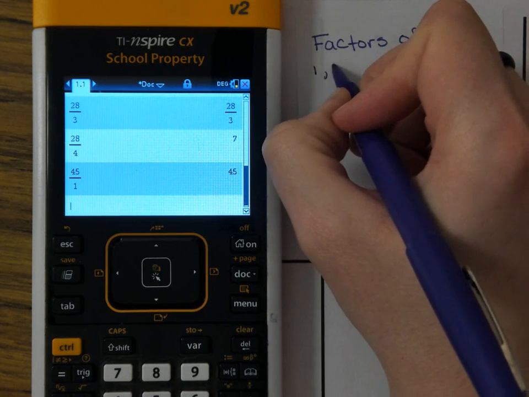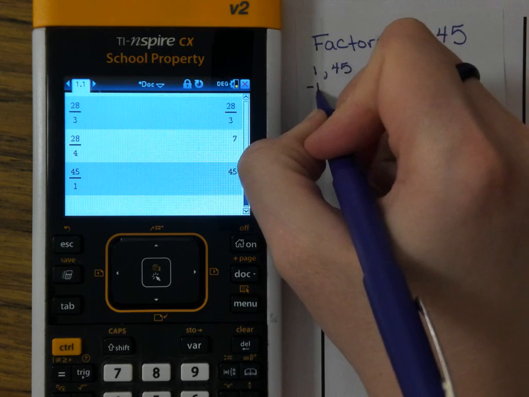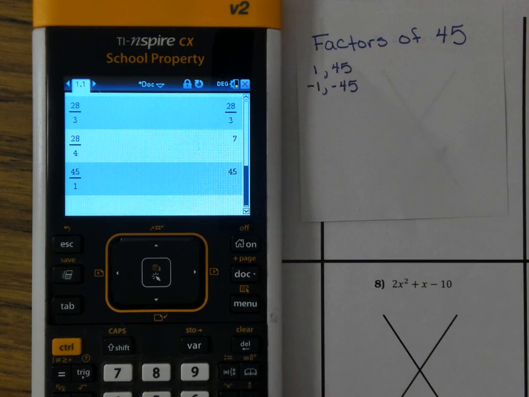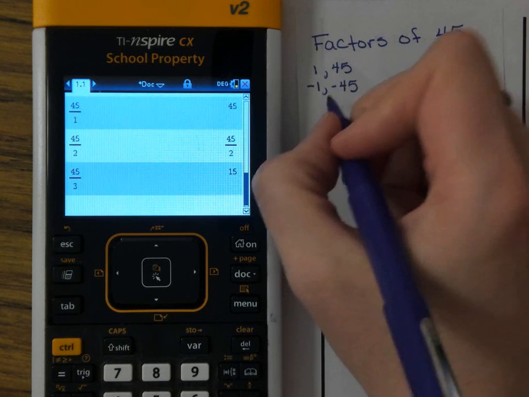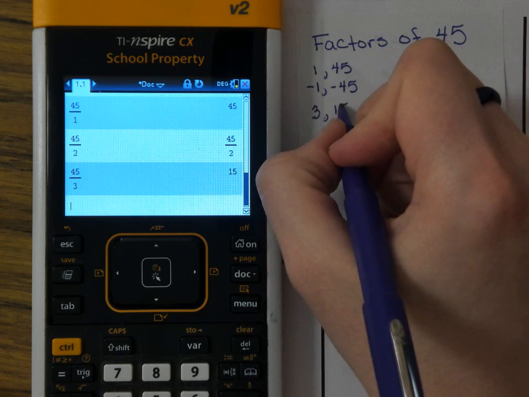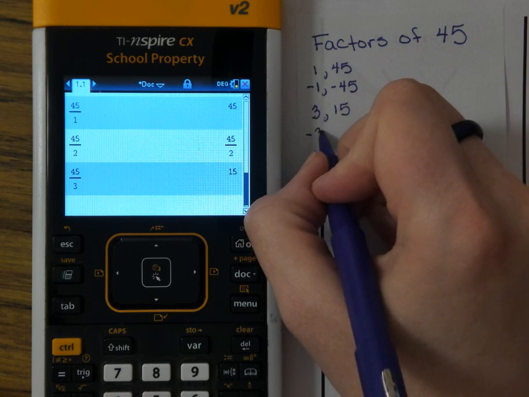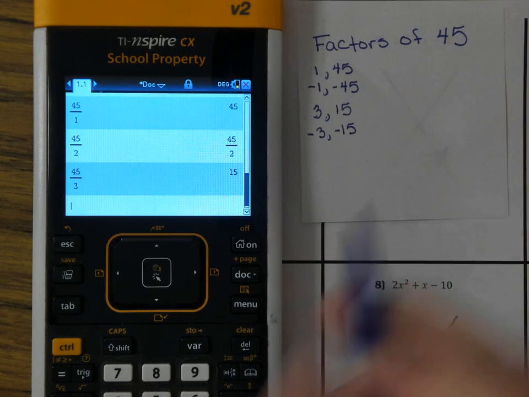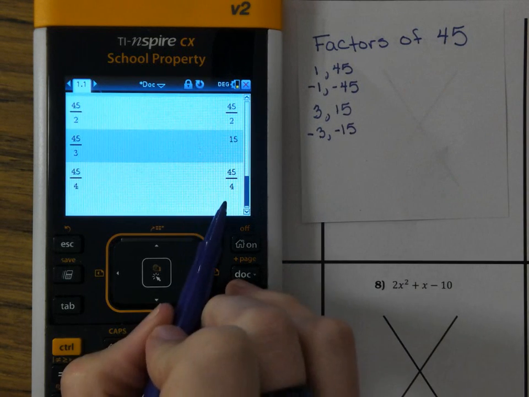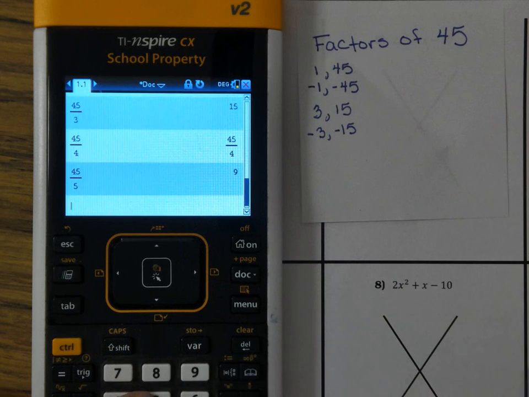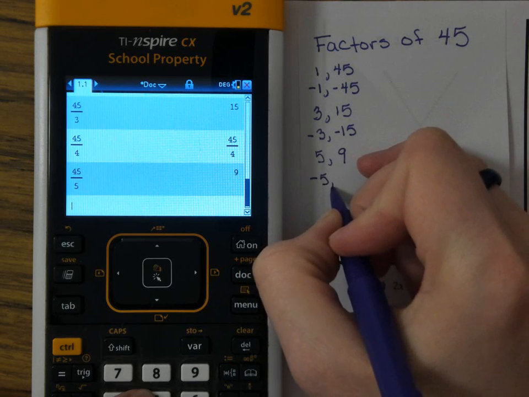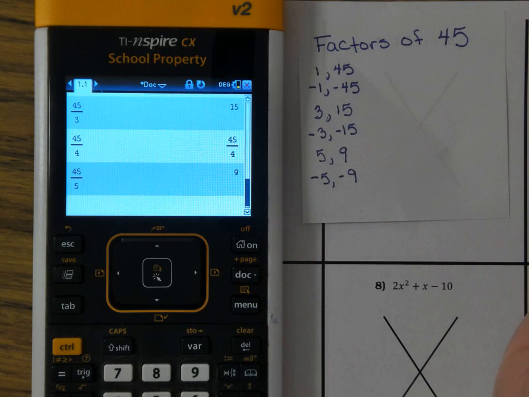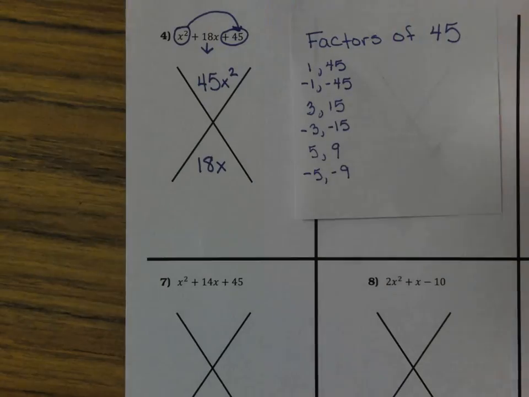So I have 1 and 45. Negative 1, negative 45. Divide by 2 doesn't work. Divide by 3. 3 and 15, which means negative 3, negative 15. Divide by 4 doesn't work. Divide by 5. 5 and 9. Negative 5, negative 9. Okay. And that's actually all of your factors of 45.